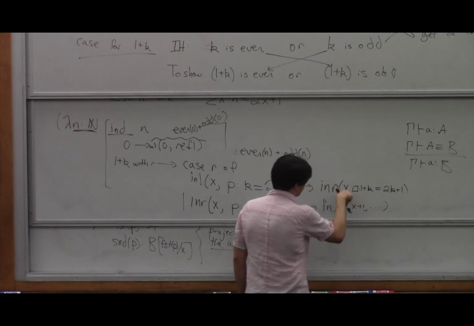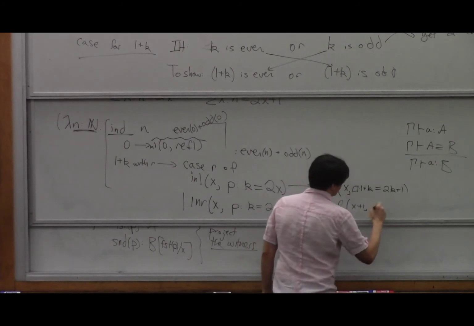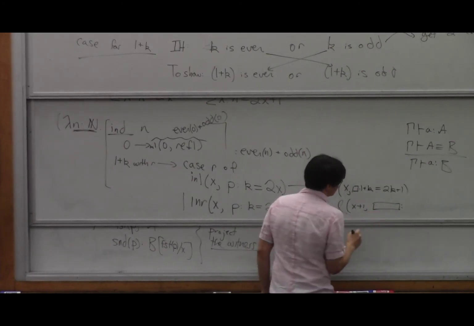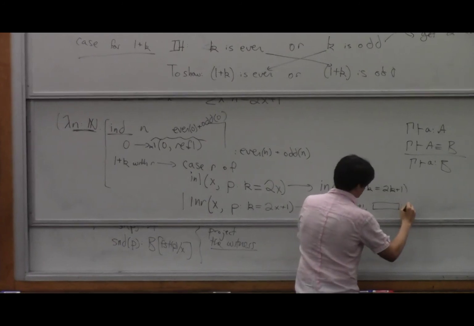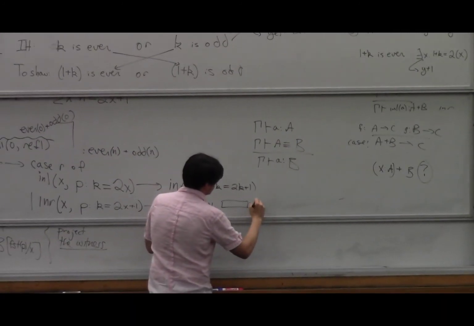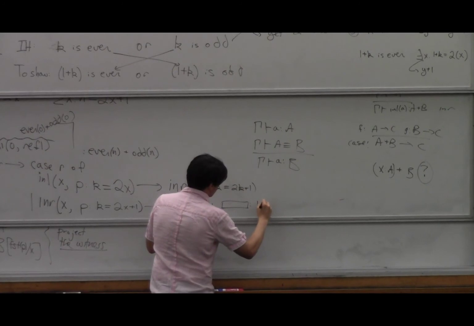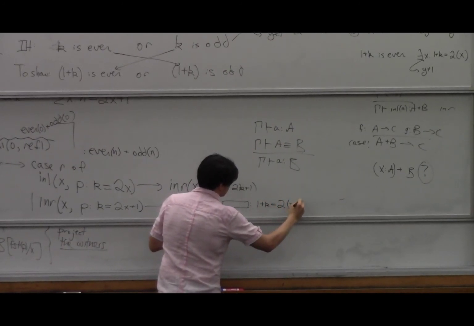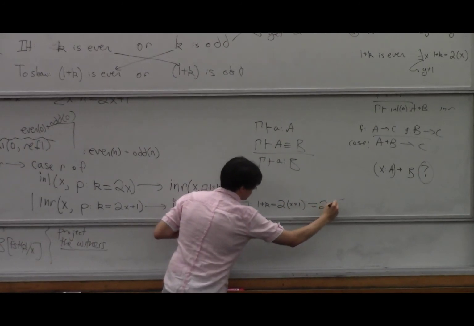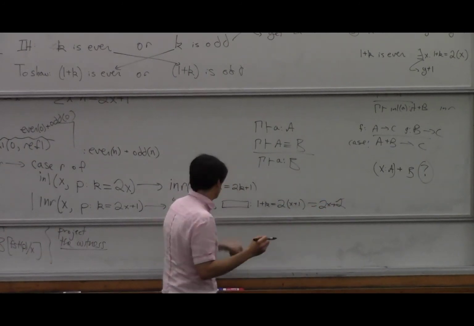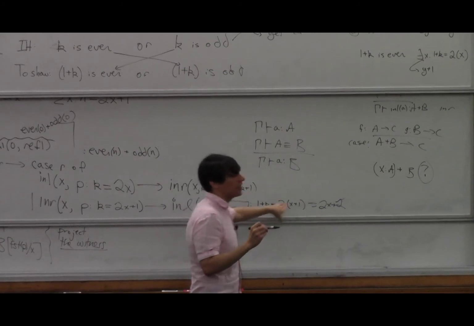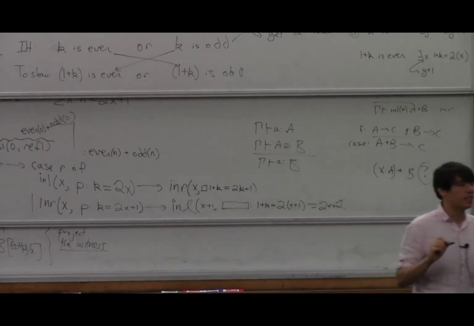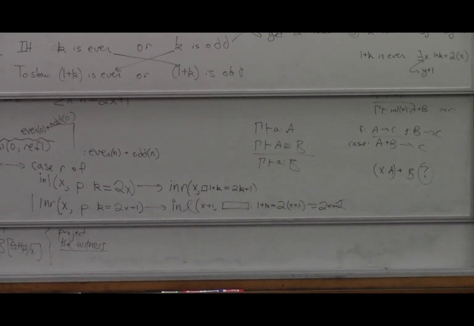So we know that 1 plus k is odd. And here, the x plus 1 is the witness that 1 plus k is equal to 2 times x plus 1, which is equal to 2x plus 2. Okay, so I'm leaving out the manipulation of the equalities here because we haven't talked about the equality type yet, but that's the logic of it.